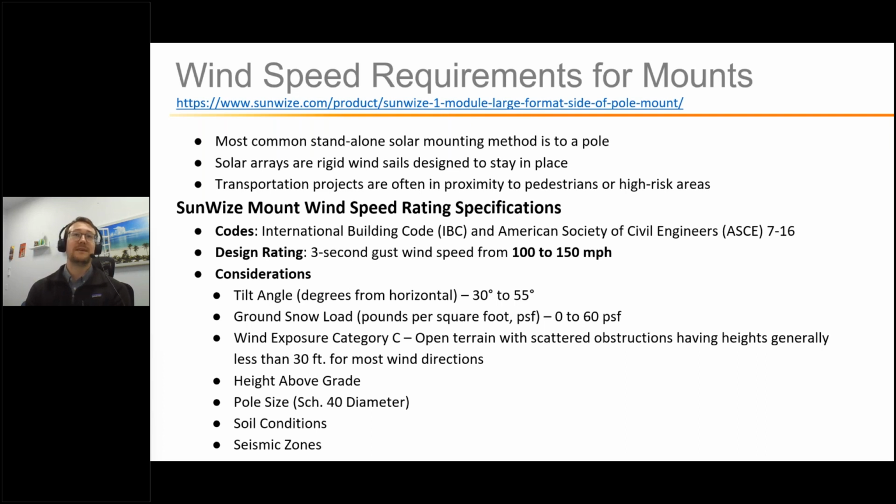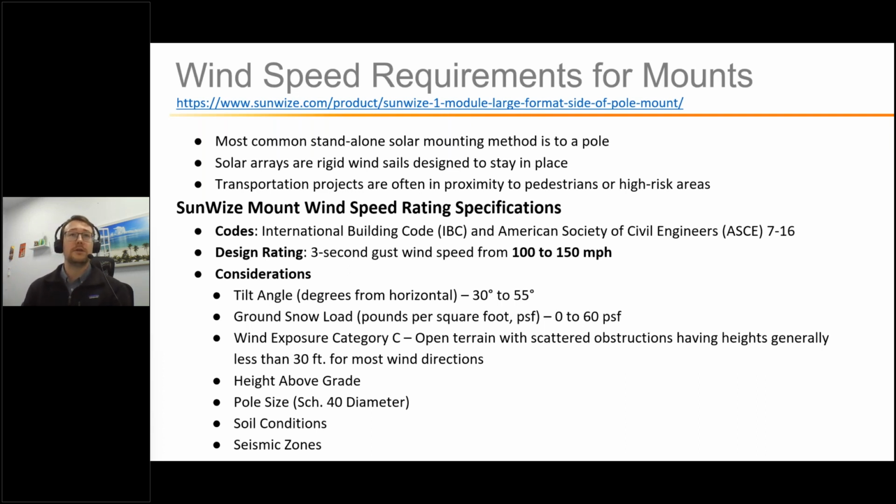So you put those three things together, and this is an area ripe for needing robust requirements around the wind speed loadings on various mounts. I'd like to speak a little bit to the certifications and design considerations behind our SunWize side of pole mounts, as well as some of our partners, but these standards are specific to us.